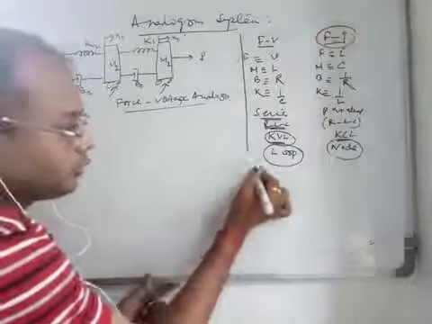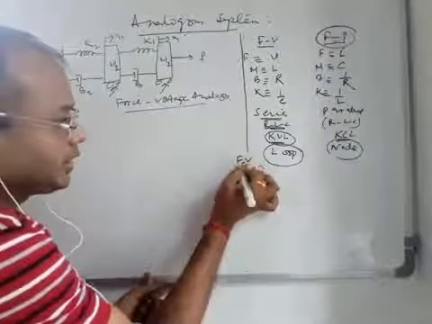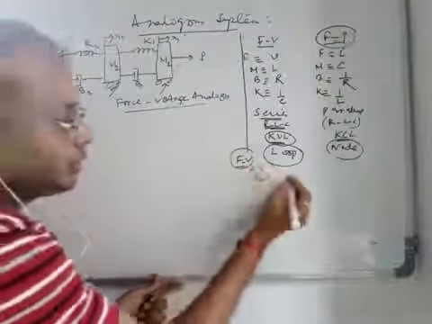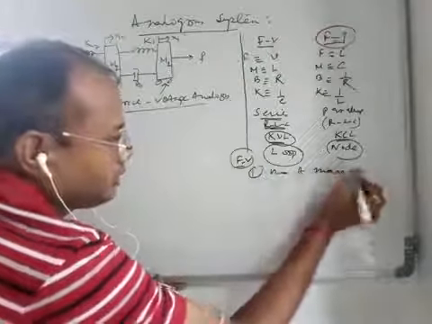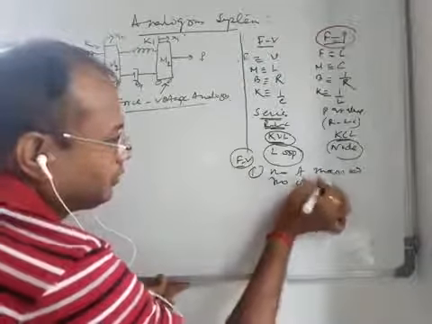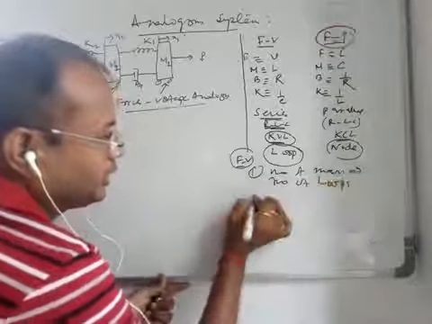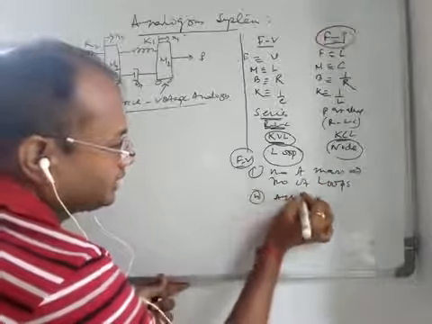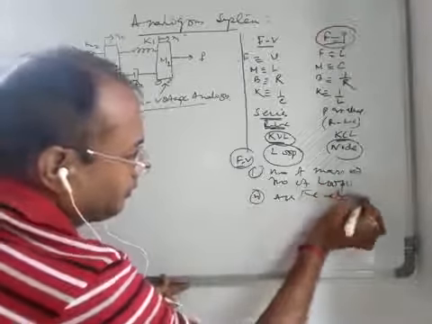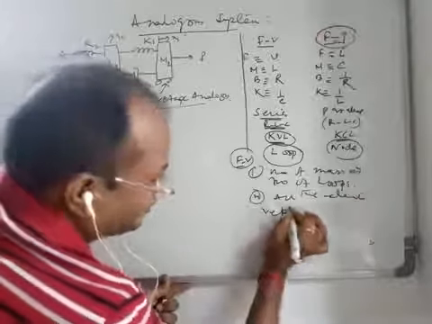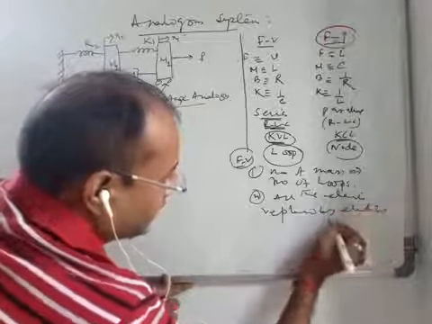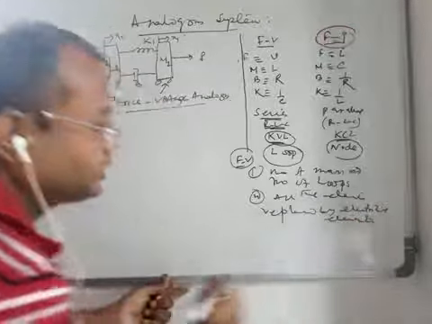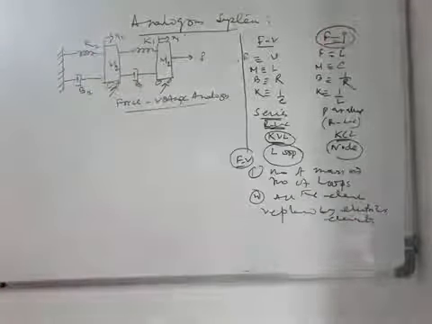So the main rule here is that the number of masses equals the number of loops. Next, all the elements are replaced by electrical elements. So these are the two common rules, right?